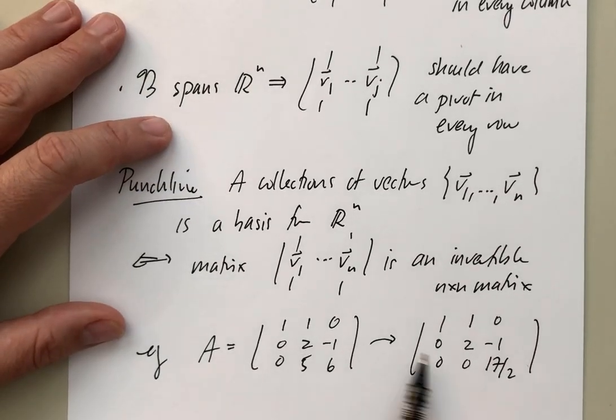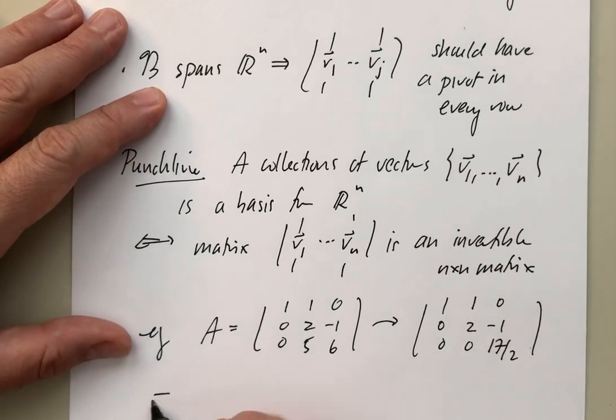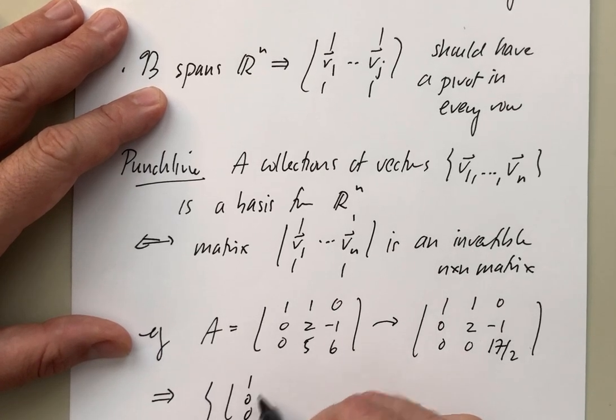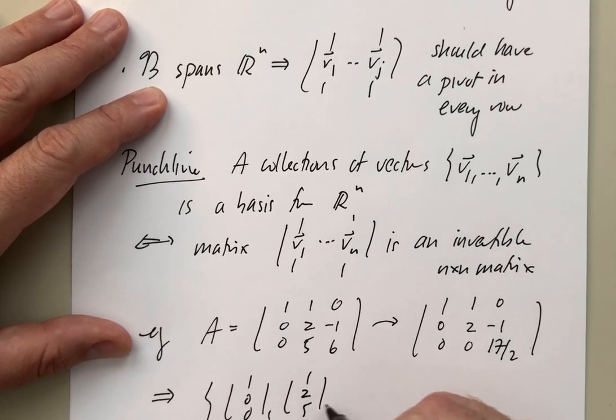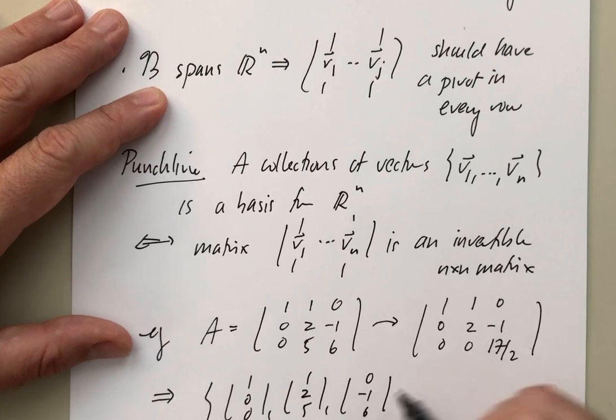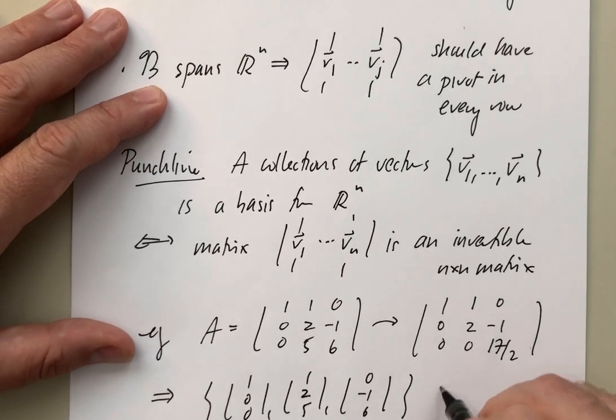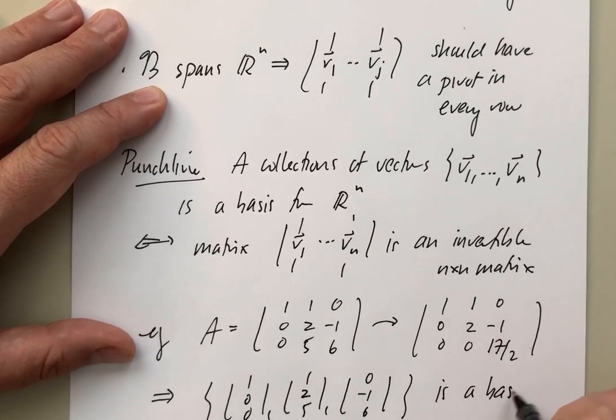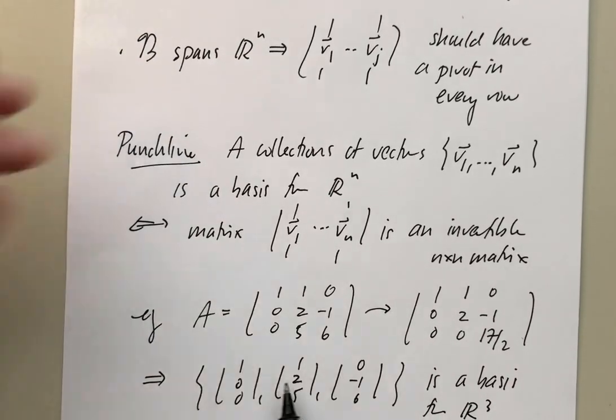So since this thing has 3 pivots, this implies that the collection 1, 0, 0, 1, 2, 5, 0, 1, 0, minus 1, 6 is a basis for R3. Okay, you've got 3 entries.